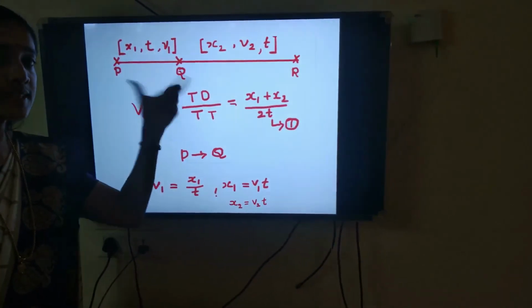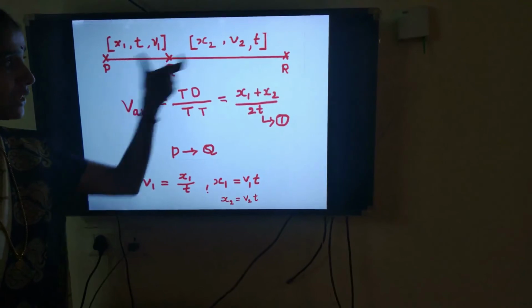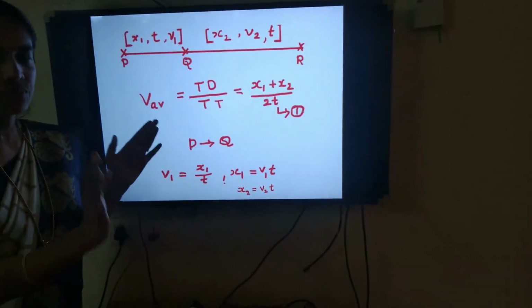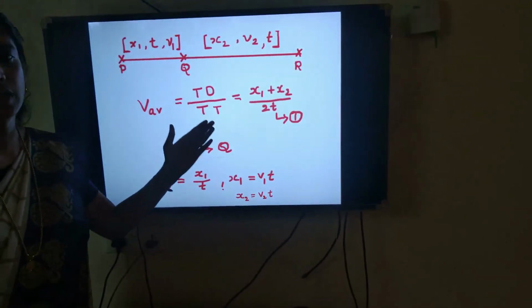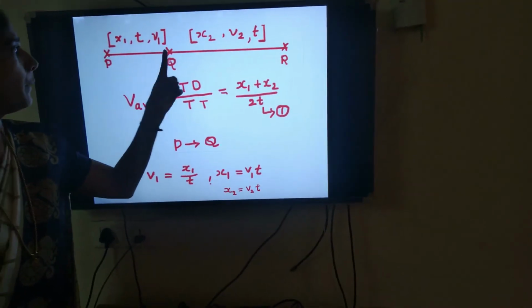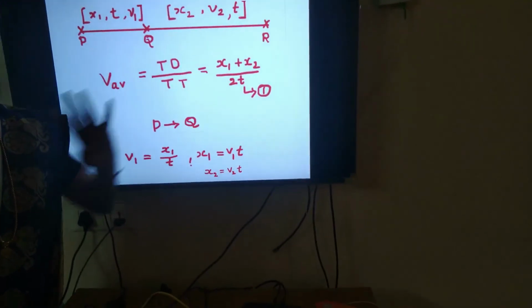In the previous case, distance is equal, V and T are different. Here, times are equal, but x and V are different. For both cases we find average speed. What is the general equation? Average speed is equal to total distance traveled by total time. Total distance x1 plus x2 by total time t plus t, 2t.